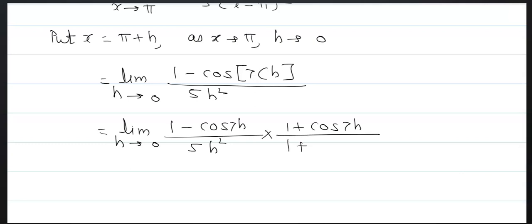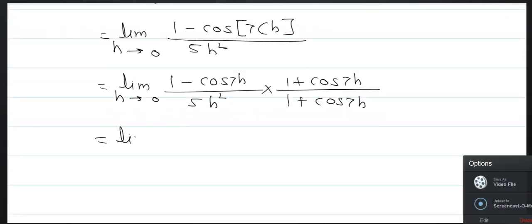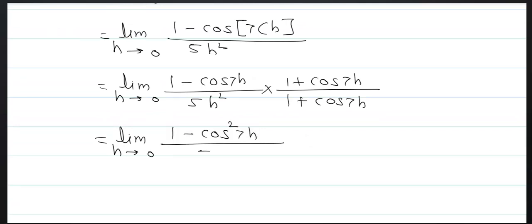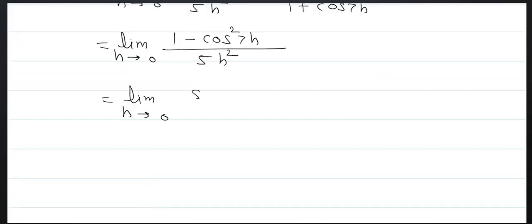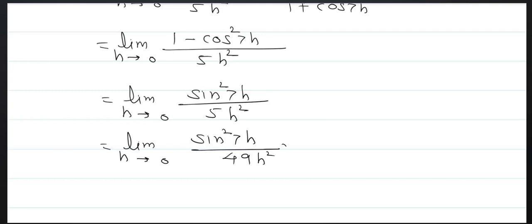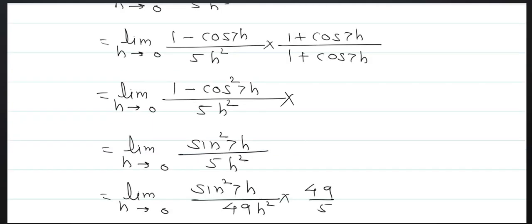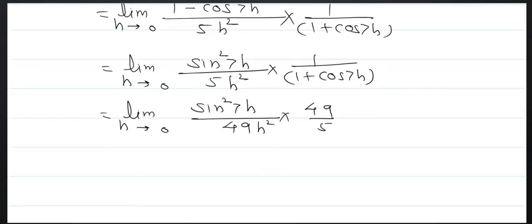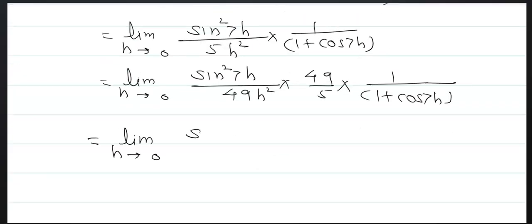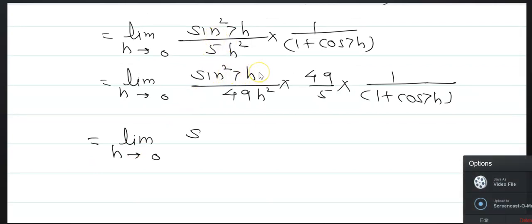Multiply numerator and denominator by 1 plus cos 7h upon 1 plus cos 7h. Then you will get limit h tends to 0 of (1 minus cos square 7h) upon 5h square into, one thing is remaining there, I forgot to write, 1 upon (1 plus cos 7h). Now see this, that is sine square 7h upon, here we have only the 5, here we will require 49h square, therefore multiplied and divided by 49 upon 5.